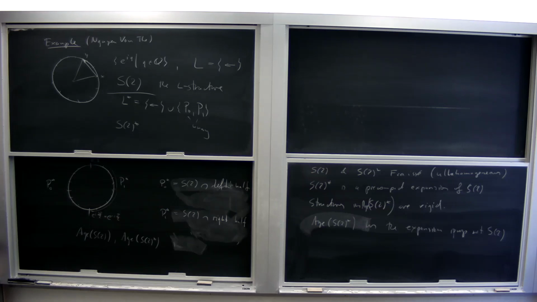What we'll do is we will look at B, say more or less equally spaced rational points in S of 2 that are dense enough.